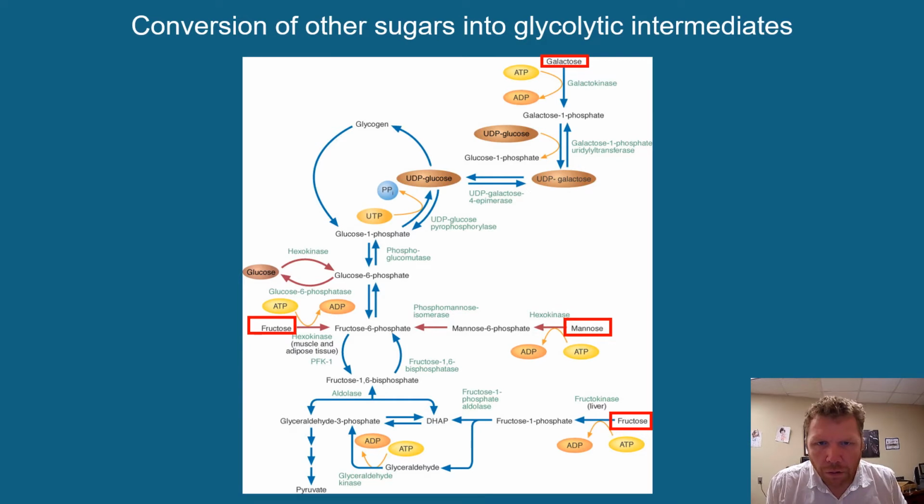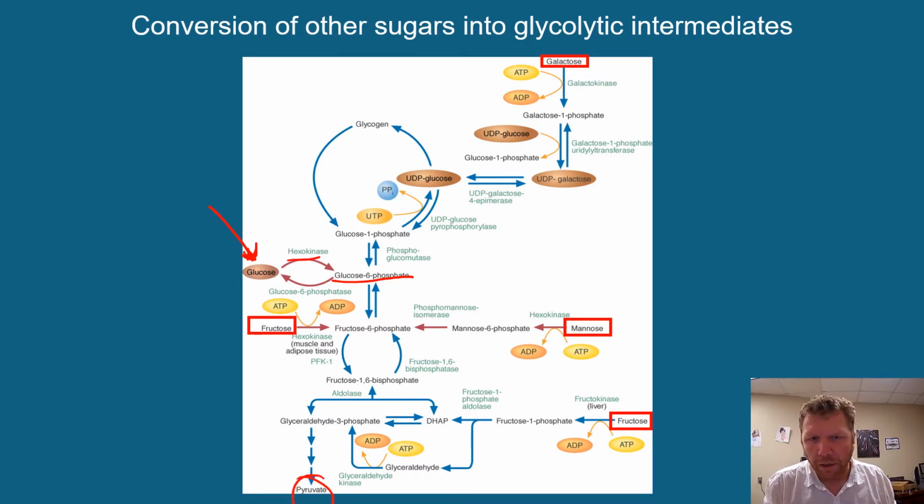Now, if you look here, what I'd like to draw your attention to is our glucose, which is right here. So glucose, we know that we phosphorylate it, we make glucose 6-phosphate, and ultimately make our way down to pyruvate down here.